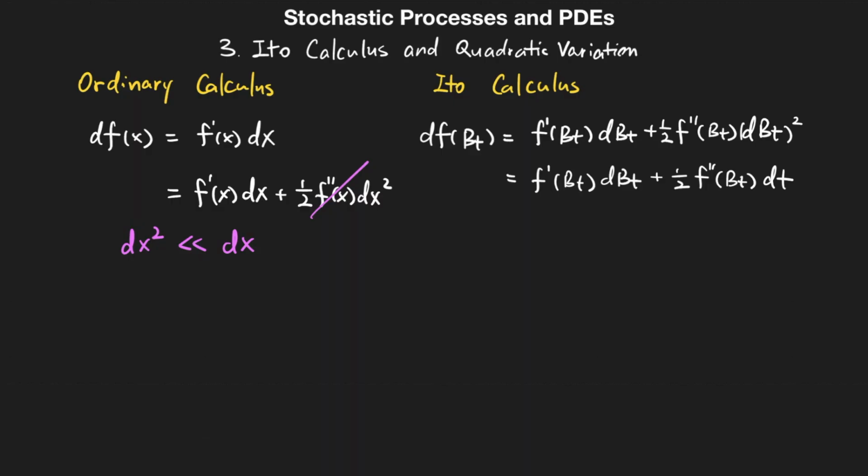But for stochastic calculus, for the Brownian motion, we cannot make that assumption. In fact, the square of the Brownian motion over a small period of time equals dt. So that is why for Brownian motion, the Ito calculus is different from ordinary calculus. In order to prove this result, let's consider the integral formula for the same equation.